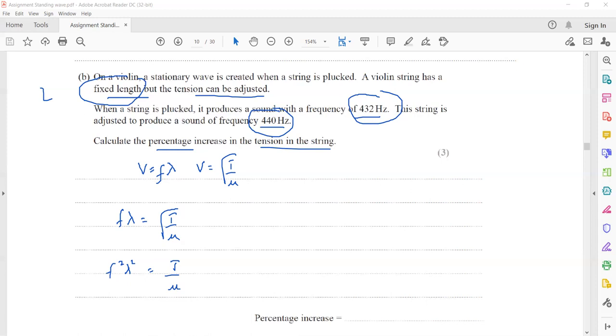As we know the relation between T and f squared, T is proportional to f squared. When two quantities are proportional, their ratio is constant. So T divided by f squared equals k, or we can say T1 over F1 squared equals T2 over F2 squared.